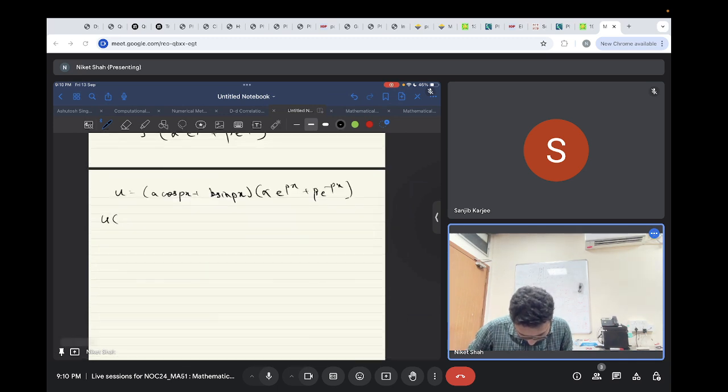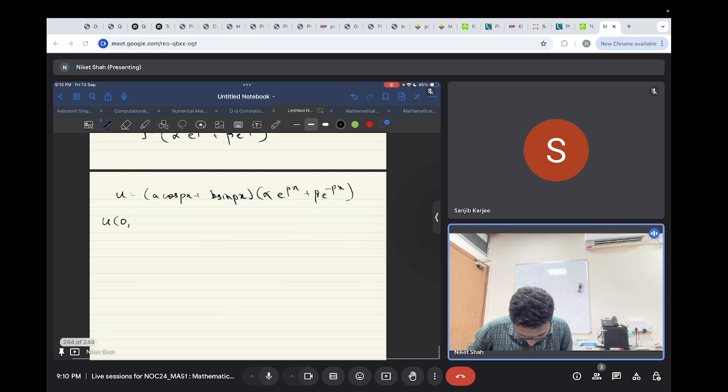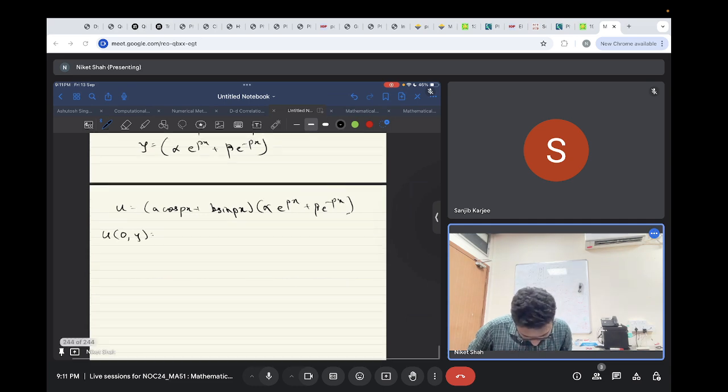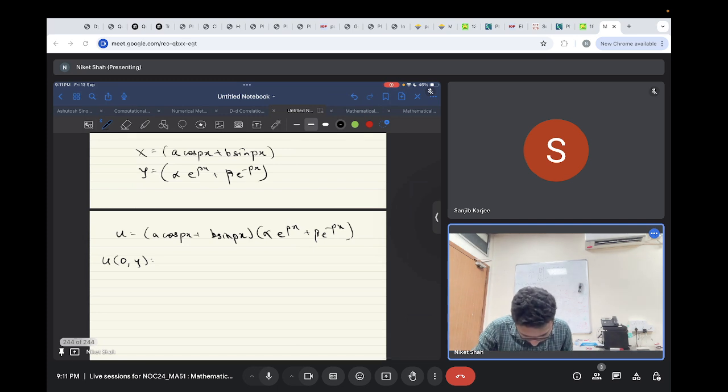All right, so u of 0 comma y is equal to 0, and u of pi comma y is also equal to 0.